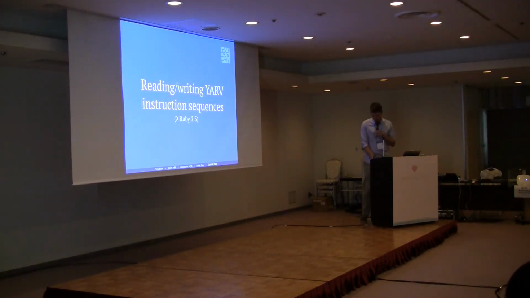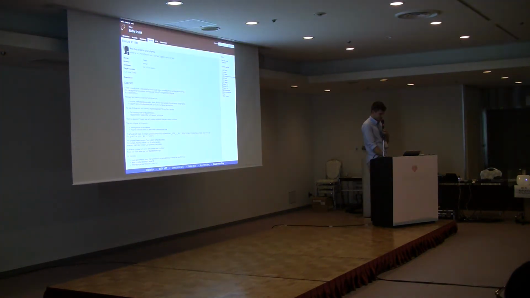So Ruby 2.3 introduced a new feature. It introduced the ability to take those instruction sequences that were previously compiled and write them out, and basically introduced a binary format that could be read and written, that could be used to take those instruction sequences and put them into a file if you wanted to. So here's kind of the way that it works.